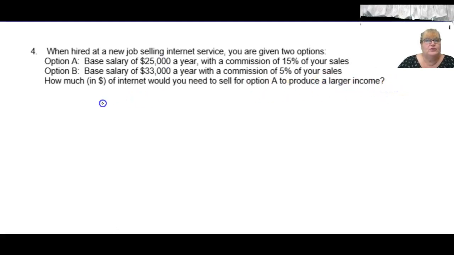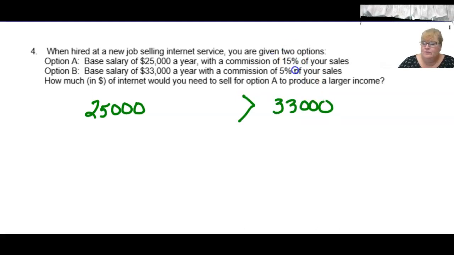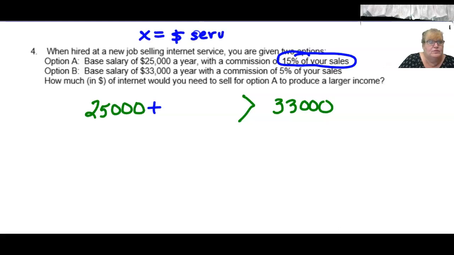So in your first year, you want option A to be greater than option B based on what you're selling. Well, they are adding onto your paycheck 15% of your sales. If we say X is the dollars of service sold.